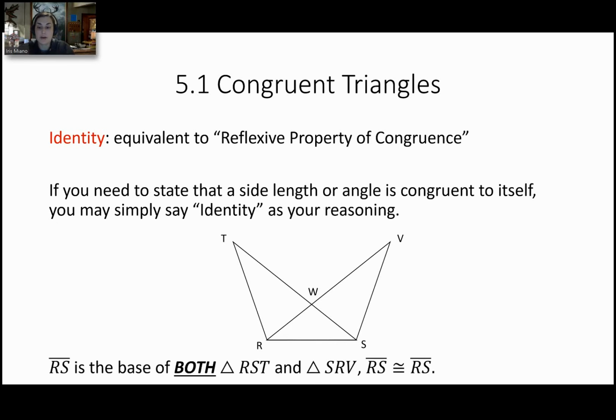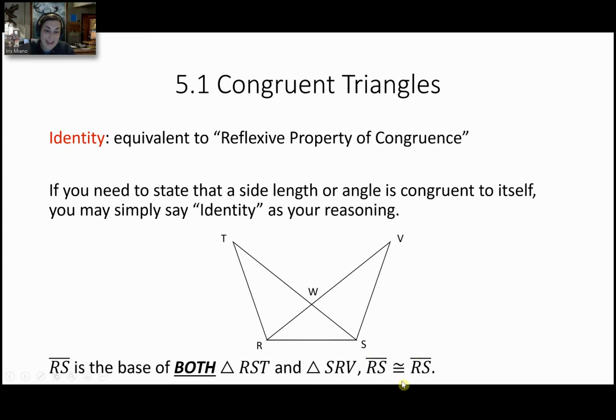If you'll notice, there's a line segment RS that is considered to be the base, the bottom horizontal edge for both triangles RST and SRV. I think I gave them different triangle names when I was generically describing them a moment ago, but there's no wrong way to name a triangle, right, if you guys recall.